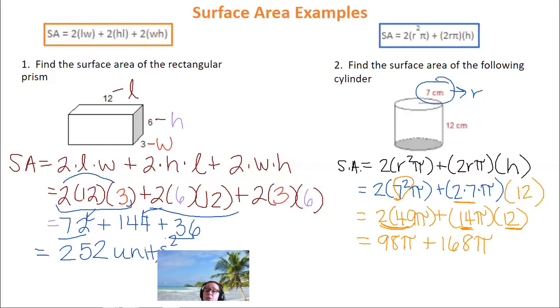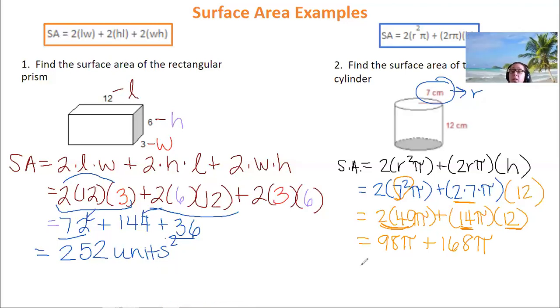And now both of those have pi, so they are officially like terms. So I can go ahead and add them together. I'm going to go 98 plus 168. How many pi's do I have then?